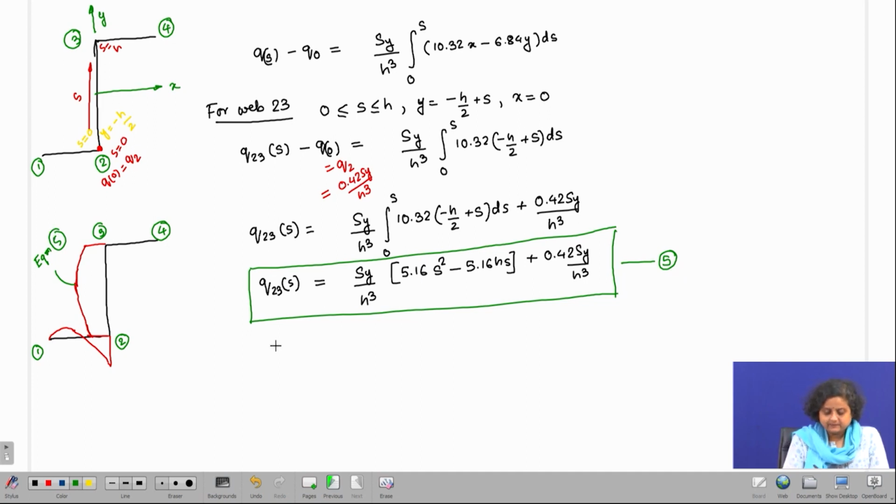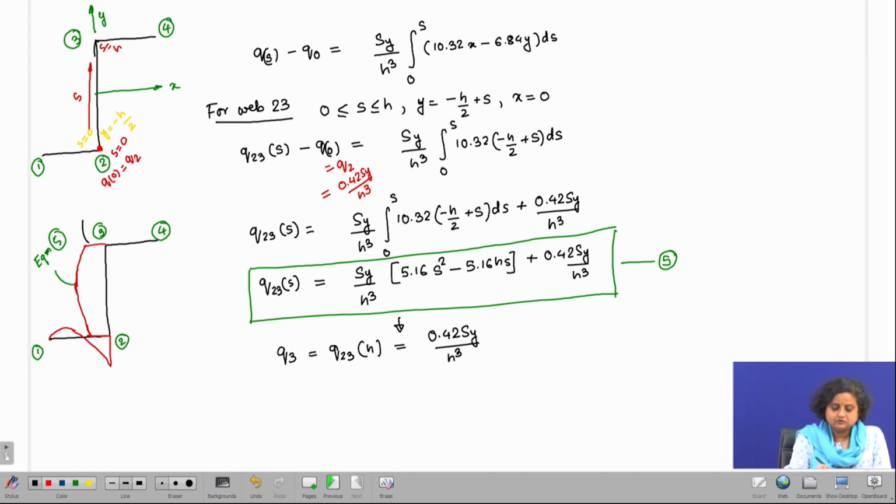And from this expression, we can find that Q3 is going to be Q23 of H, if I put S equals to H, and that again if we calculate is going to be 0.42 SY by H cube.